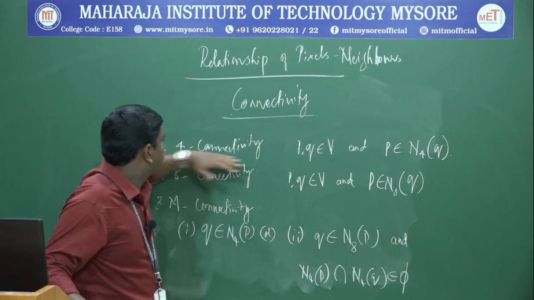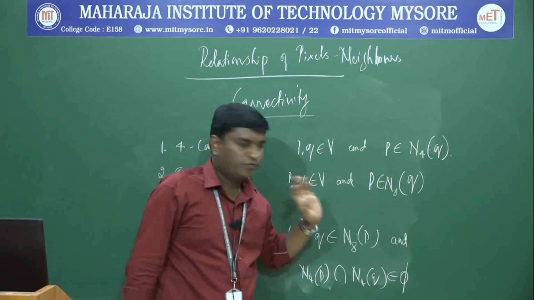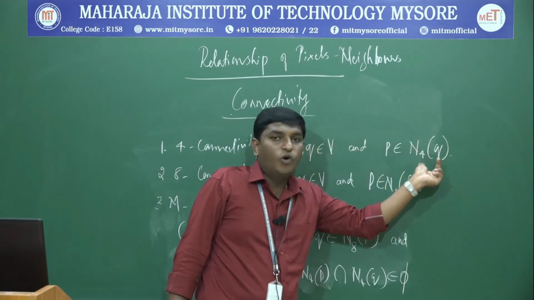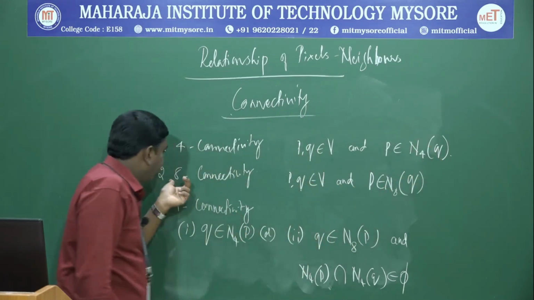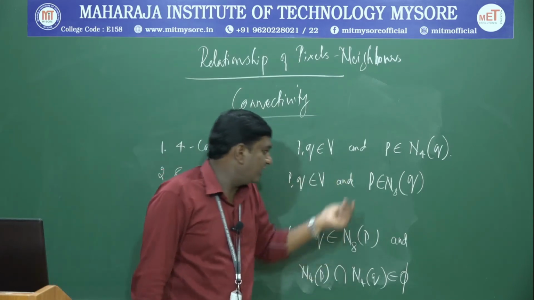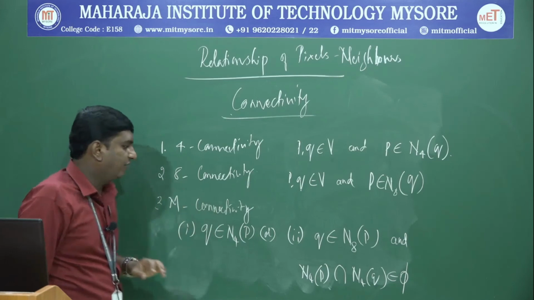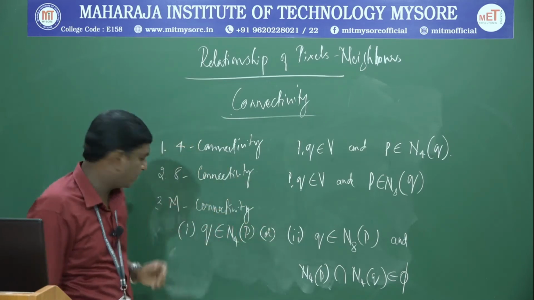If I want to say that P and Q belonging to a gray level set V are connected: for 4 connectivity, P and Q belong to V such that P should be a 4 neighbor of Q. For 8 connectivity, P and Q are connected if P belongs to the 8 neighborhood of Q. And for M connectivity, there are 2 conditions.